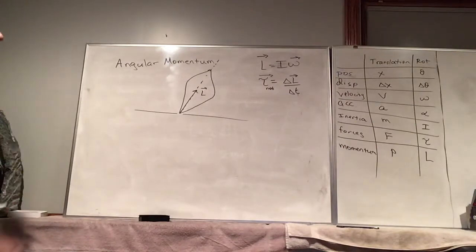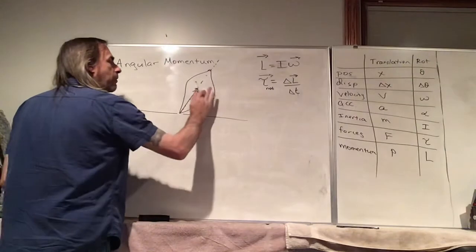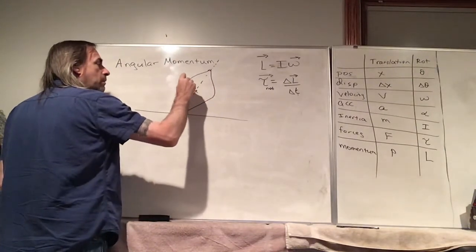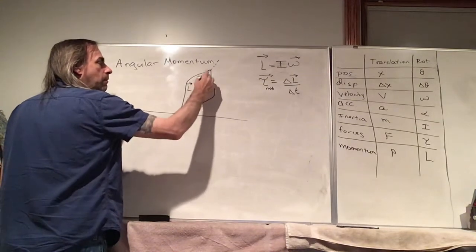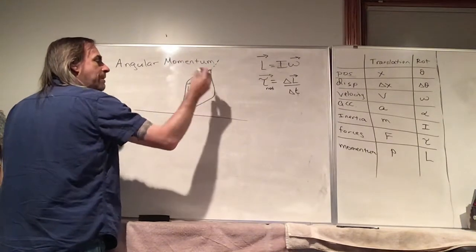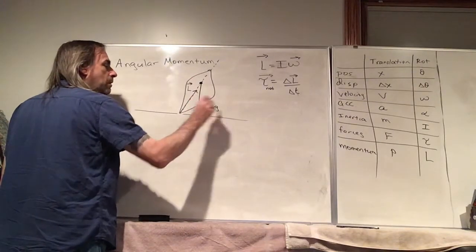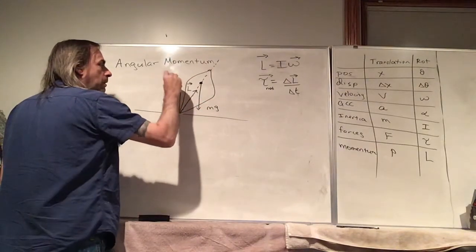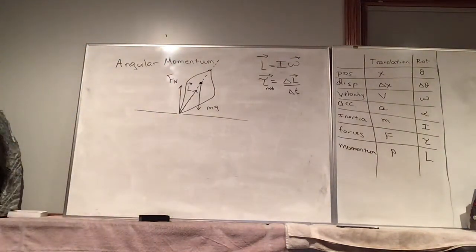And what forces are acting on this top? I'm kind of regretting drawing the vector here. Let's say the center of mass is here. So this is the center of mass. We have gravity acting downwards. And a normal force. And that's it.